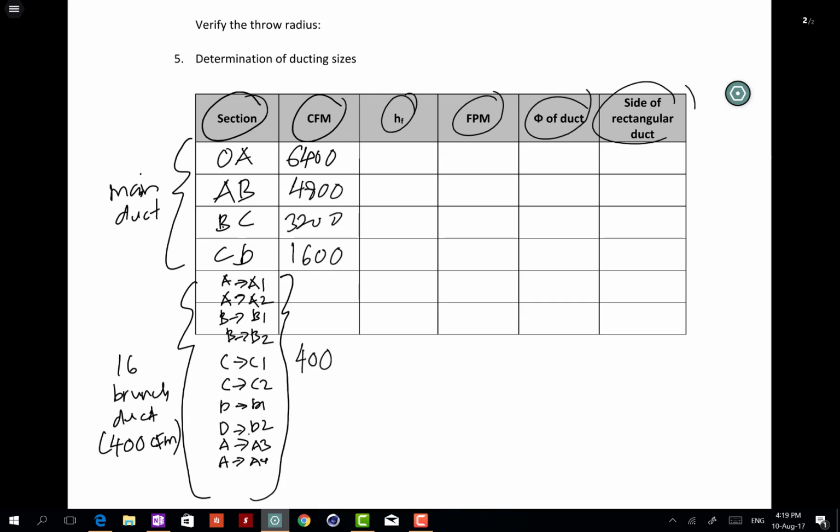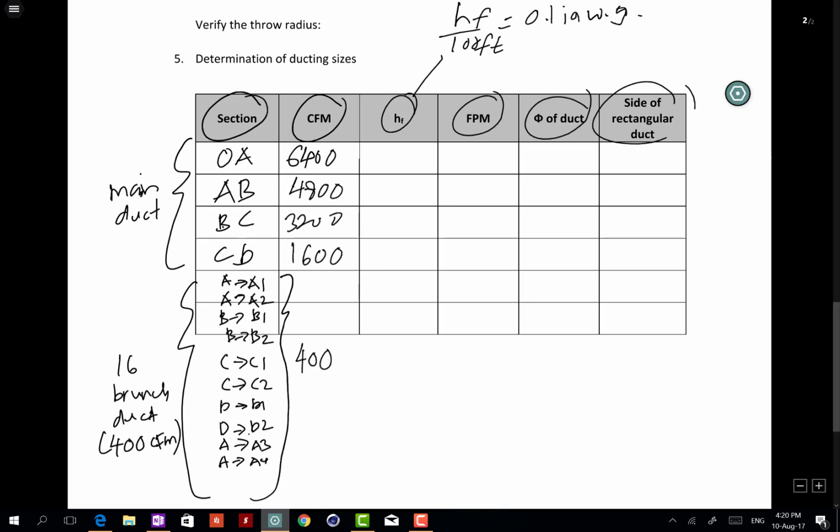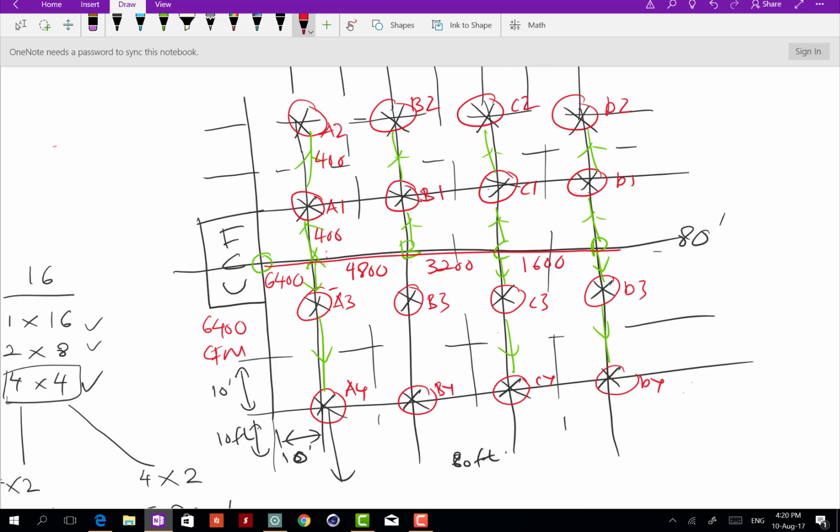The HF is basically based on our criteria, which is HF over 100 equal to 0.1 inch water gauge. This is per 100 feet. So if you have a different length, for example OA, we have a length of 10 feet.